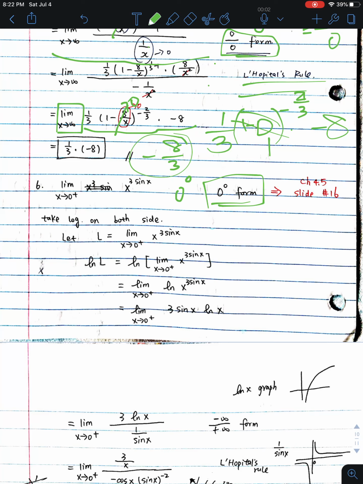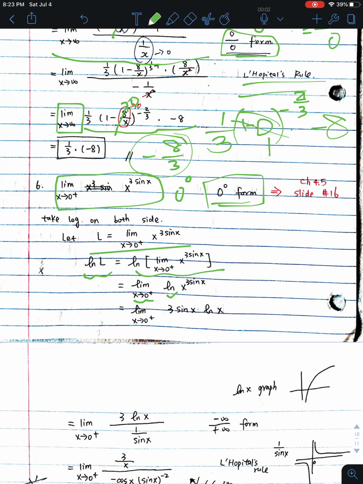To find the 0 to the 0 form, first we let L equal what we are looking for. That's the limit of x to the power 3 sine x. And then take the log on both sides. We then swap the limit and log sign because log is a continuous function.